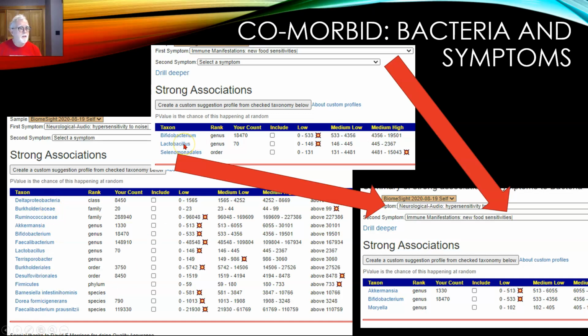Two different lists. I think we have bifidobacteria in common, lactobacillus in common between these 2. This one isn't on the bottom one. But when we put the 2 symptoms together, bifidobacteria is still there. We get Akkermansia, which is on this list.